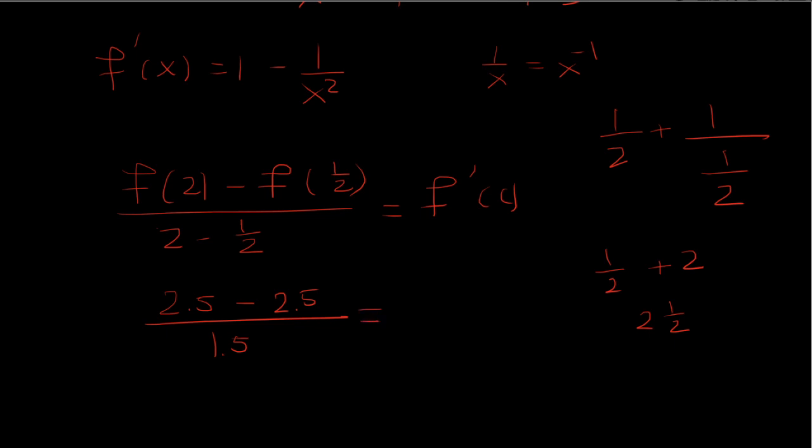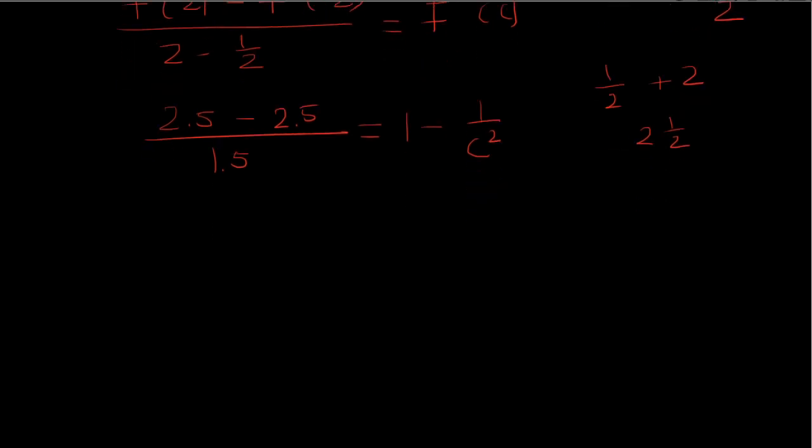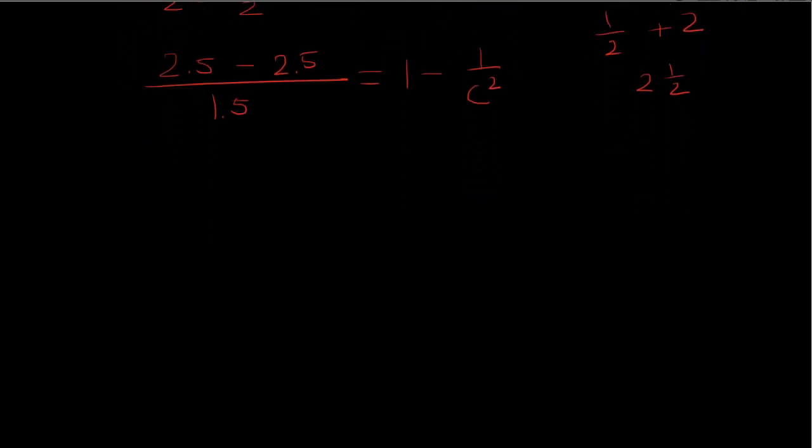On the right side, we're going to plug in c for our derivative. So that would be 1 minus 1 over c squared. 2.5 minus 2.5 is 0. Divide that by 1.5, that's still 0. So 0 is equal to 1 minus 1 over c squared.